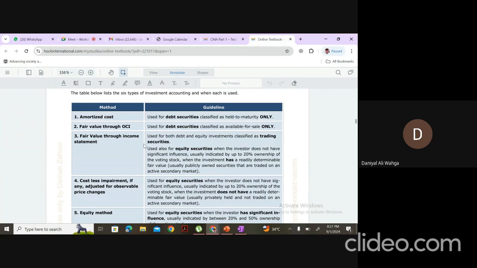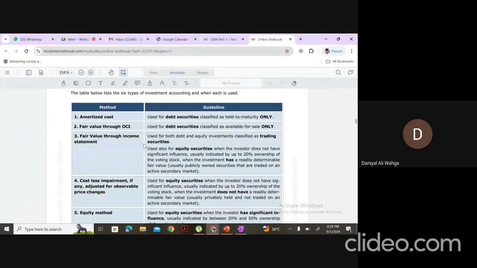Then there is fair value through income statement, which applies if the debt instruments are classed as trading securities. They are available for trading. You want to hold them for less than 1 year. If there is a gain in them, you are ready to sell them. In these circumstances, they are again measured at fair value, but here they are not amortized.